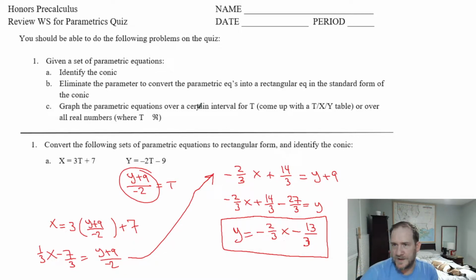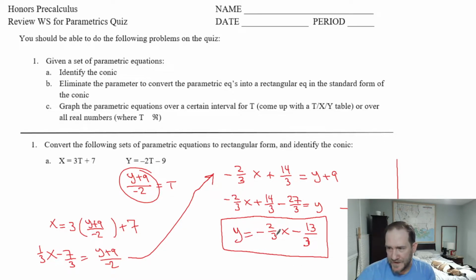We're obviously a line, so it says eliminate the parameter, and then graph this thing. Now that we've got it, we could graph it because we know it's just a line. So we could plot the y-intercept at -13/3, which is 4 1/3, so go down 4 1/3.